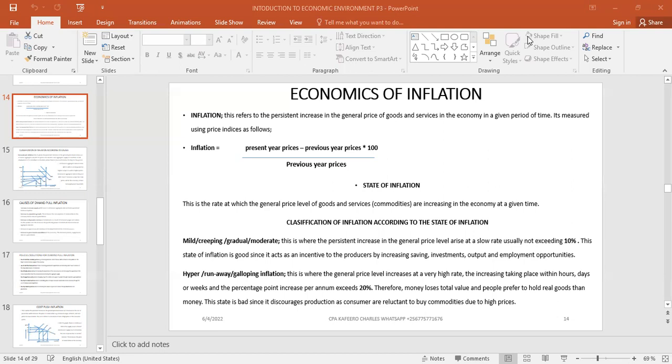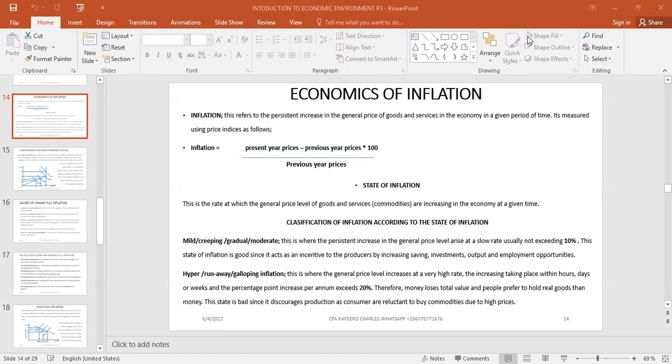If it is growing at a slow rate, then we shall be seeing some of the advantages that are there when the general price levels are increasing at a slow pace or at a slow rate. And we shall also see what will be the disadvantages of this inflation if it grows at a very high rate.